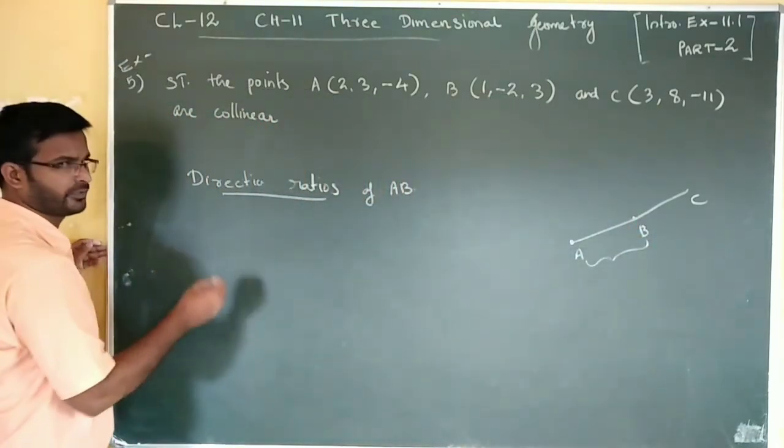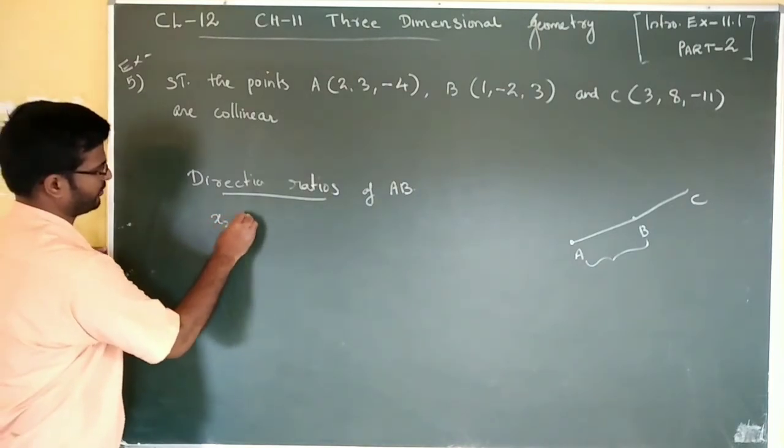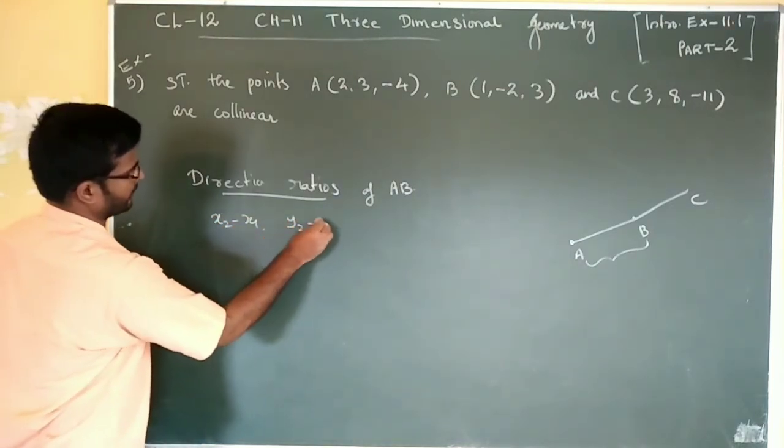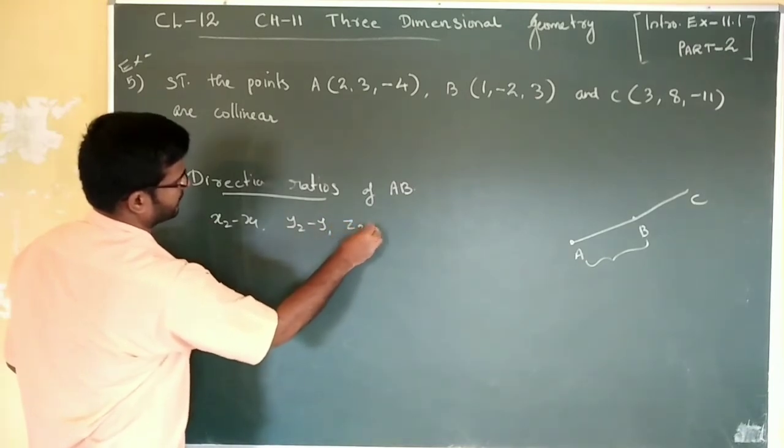How do we find direction ratios? The formula is x2 minus x1, y2 minus y1, z2 minus z1.